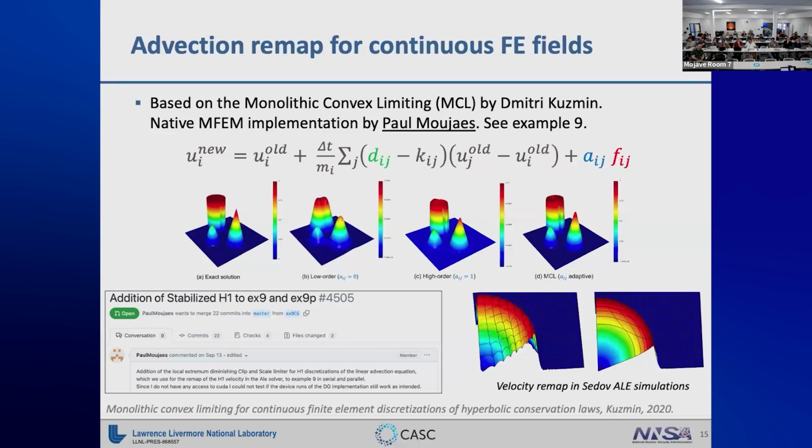When A is 1, you get the high order, and then you blend them somehow to get a good solution. And you see what kind of difference we are talking about in the velocity remapping. This is one remap: it is run all the way Lagrangian, and then just one remap to the original mesh.